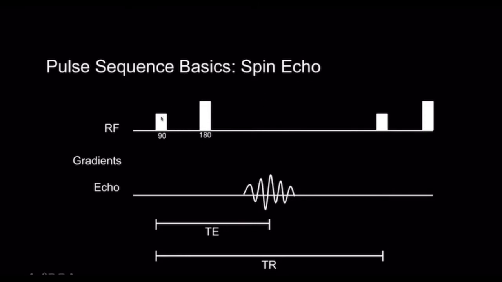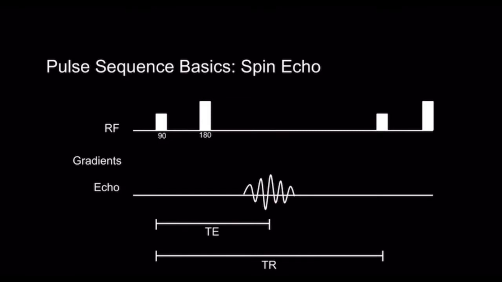So the 90-degree RF pulse here tips the spins into the transverse plane and causes the nuclei to precess in sync in the XY plane, as we've mentioned multiple times. Over time, after this 90-degree RF pulse, there's going to be some longitudinal relaxation back towards the z-axis and transverse relaxation, or T2 relaxation.